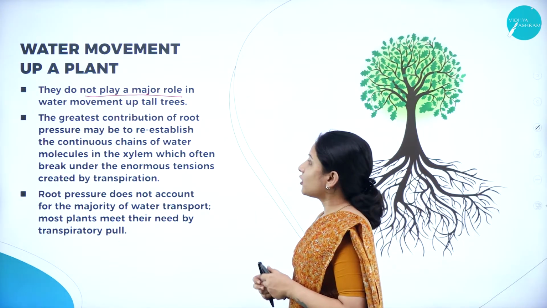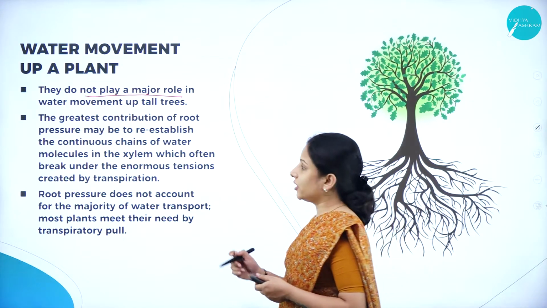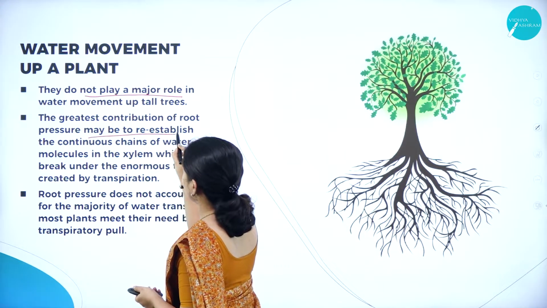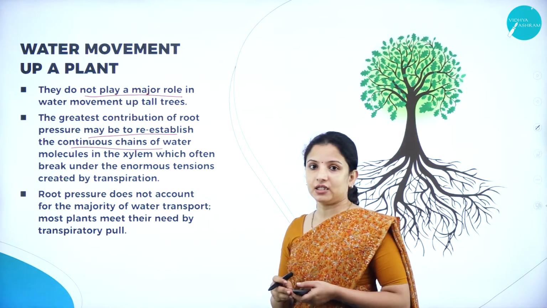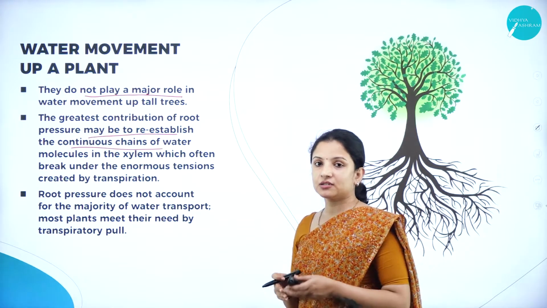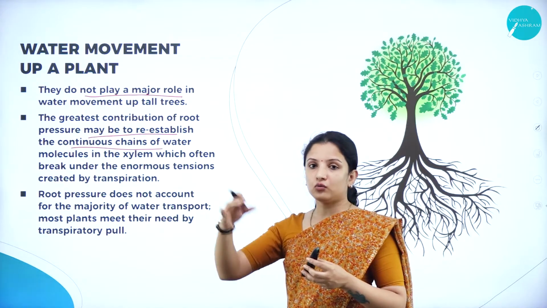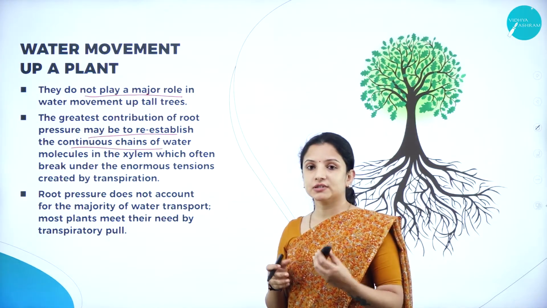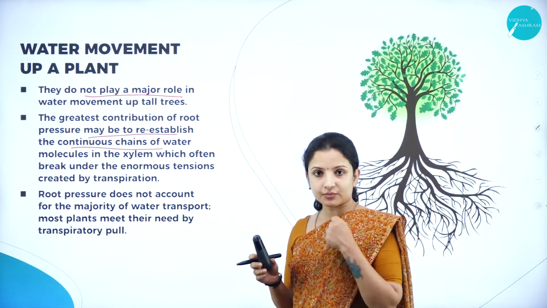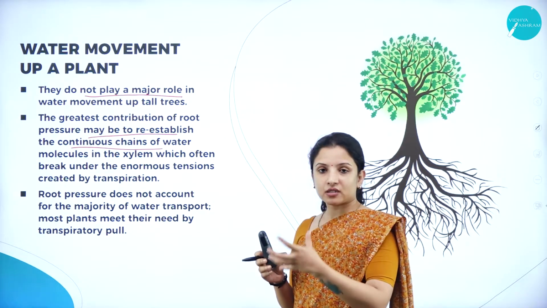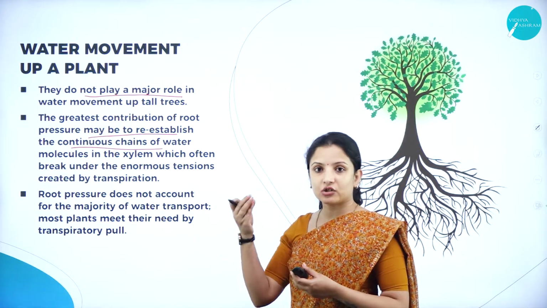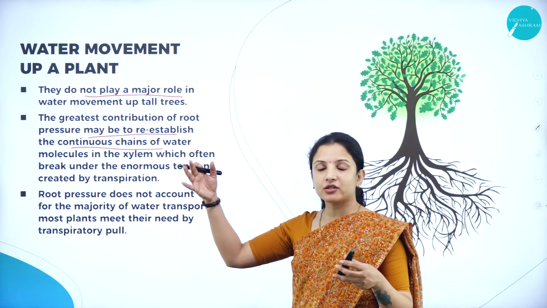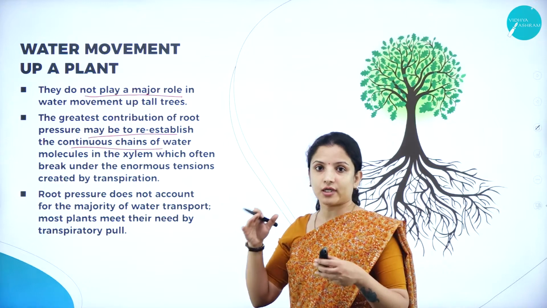The greatest contribution of root pressure may be to re-establish the continuous chains of water molecules in the xylem. So for example, the root is absorbing water along with the ions, it is being taken into the xylem, and the xylem is carrying it to different parts of the plant body, right?